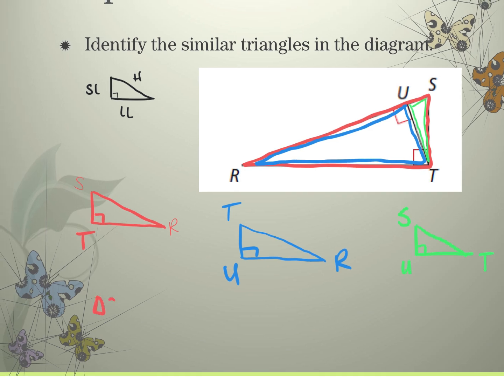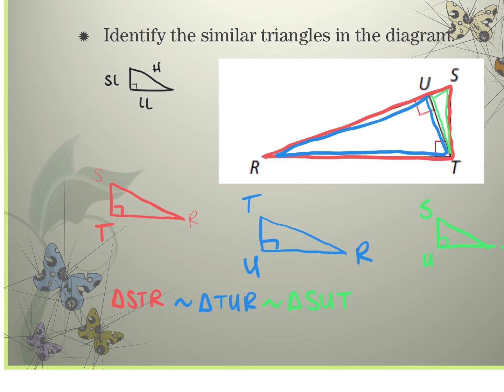Triangle STR is congruent to triangle TUR, which is congruent to triangle SUT. Very good. The only thing I would change, Kristen, is I would not say congruent. These are all similar, okay? And you said SUT? Yes.